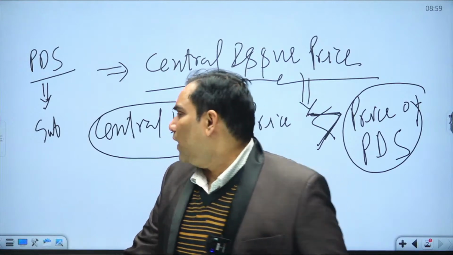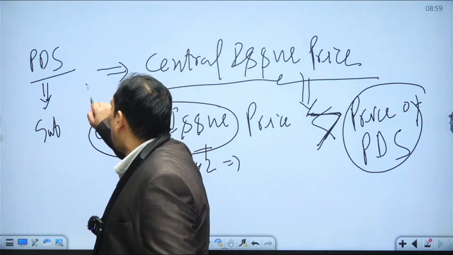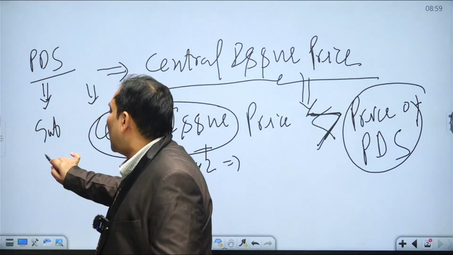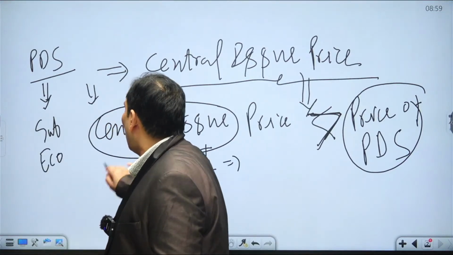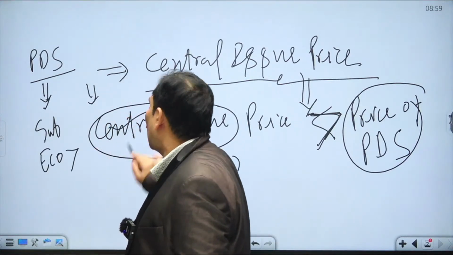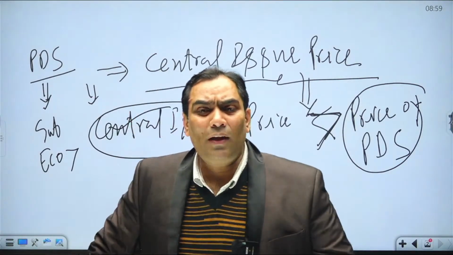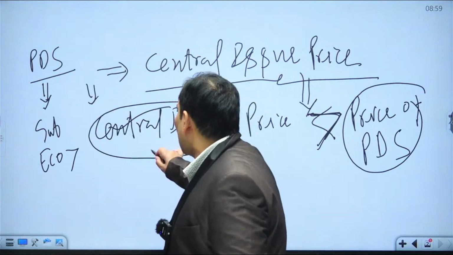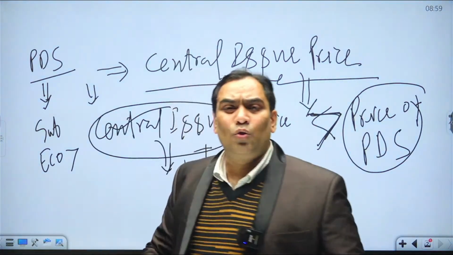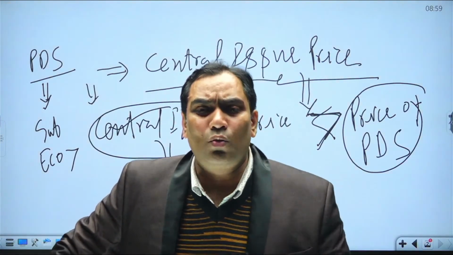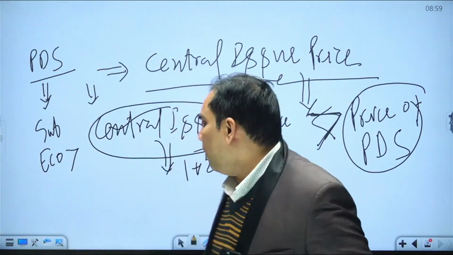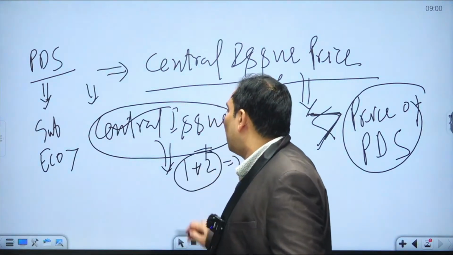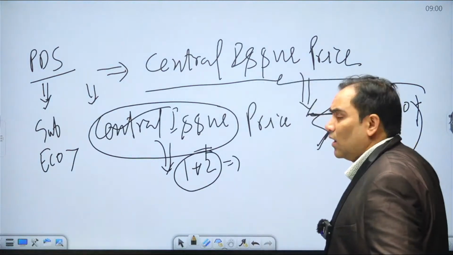Whatever cost is incurred in procuring is known as the economic cost. So the economic cost is going to be more than the central issue price. From the economic cost they give the subsidy, which gives the central issue price, and at that central issue price they sell to the state government. The state government cannot earn 1 or 2 or 3 rupees and sell to the PDS.